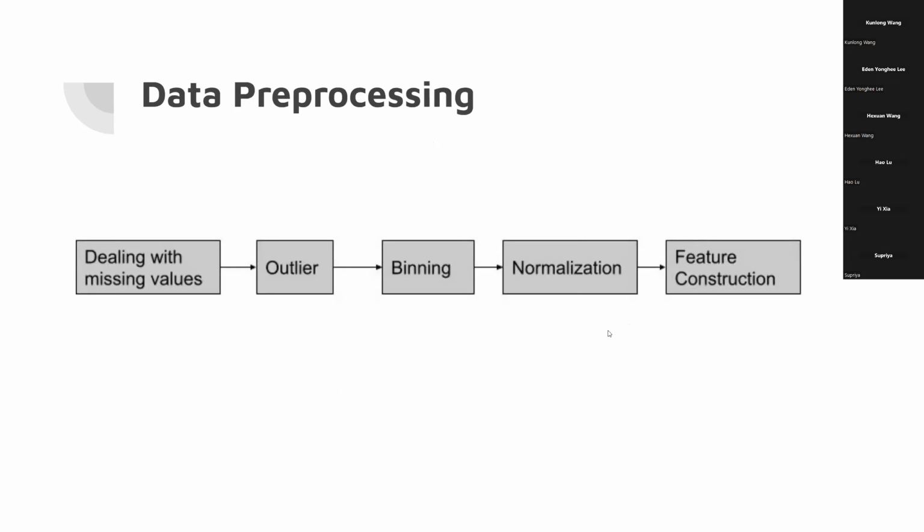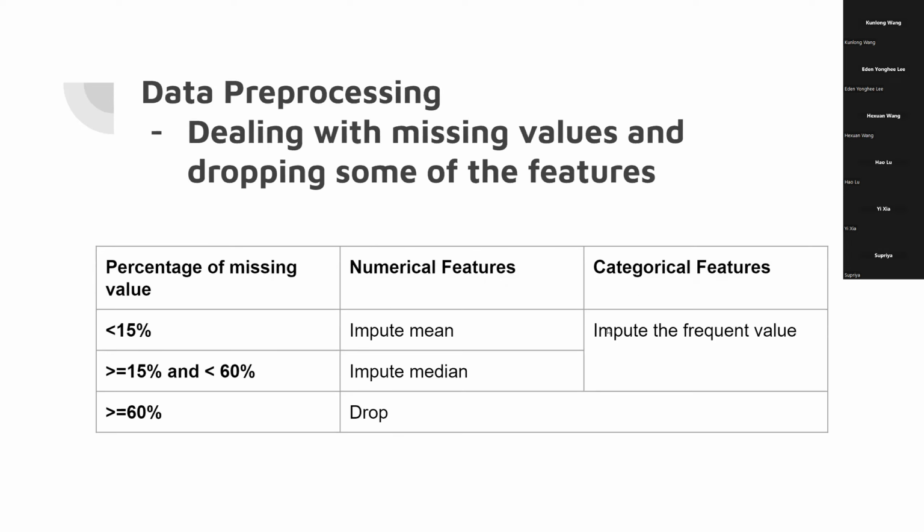The next procedure is data pre-processing. This is our route: the first part is dealing with missing values, then outliers, binning, normalization, and the last one is feature construction. We deal with the missing values and drop some features first.